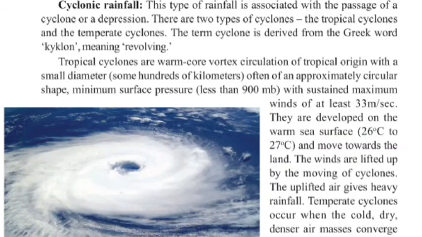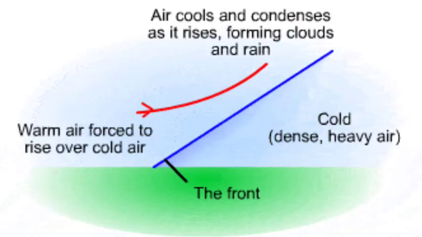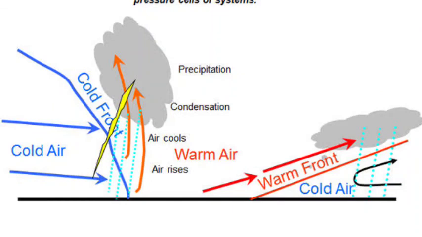Approximately it is in a circular shape, just like a spring, with minimum surface pressure less than 1900 millibars and sustained maximum winds of at least 33 meters per second. They develop on the warm sea surface and move towards the land area. Understand? So the winds are lifted up by the movement of cyclones. Understand? The uplifted air gives heavy rainfall.